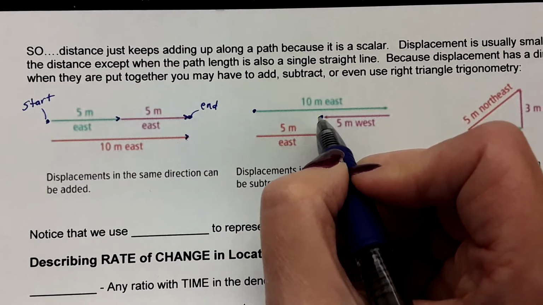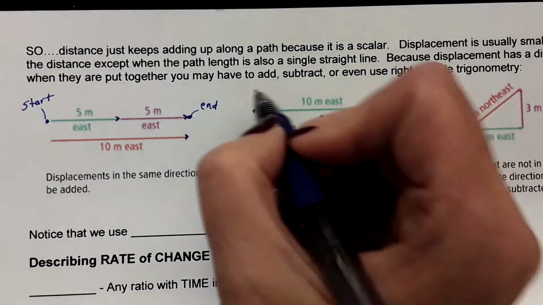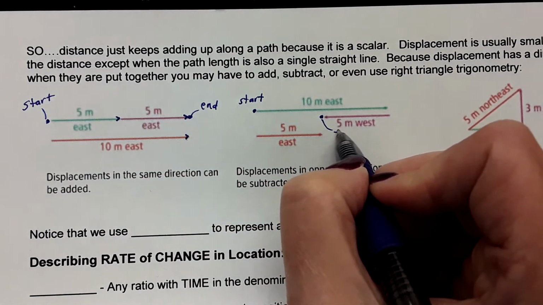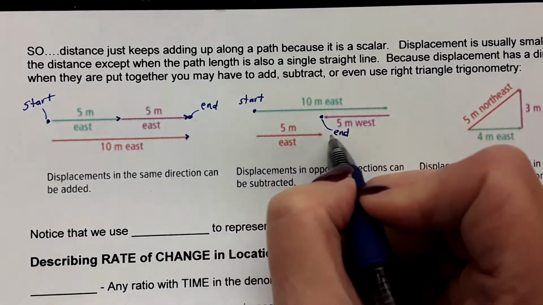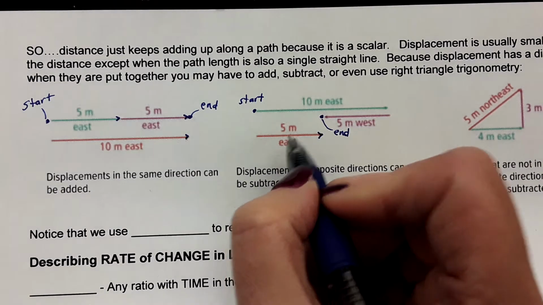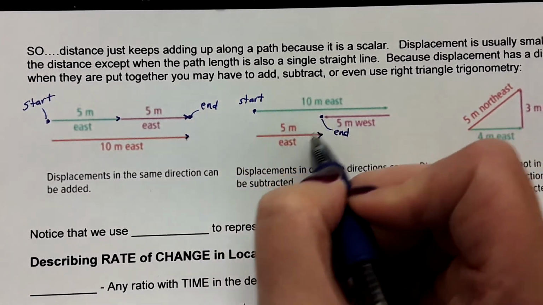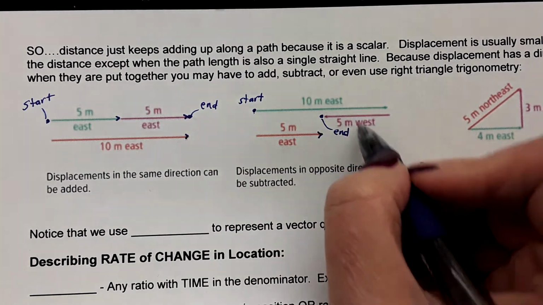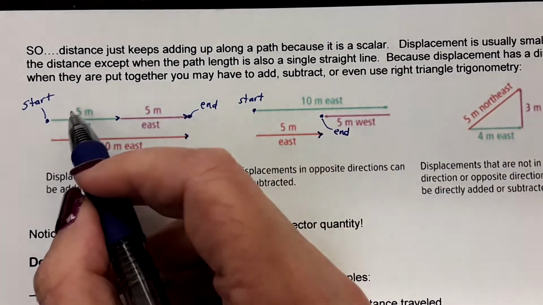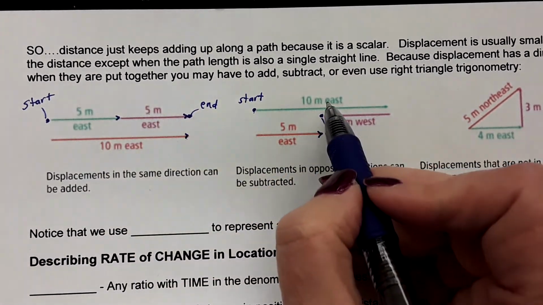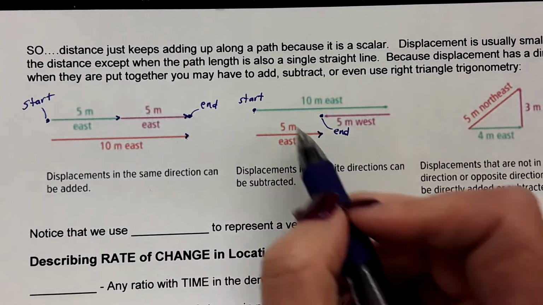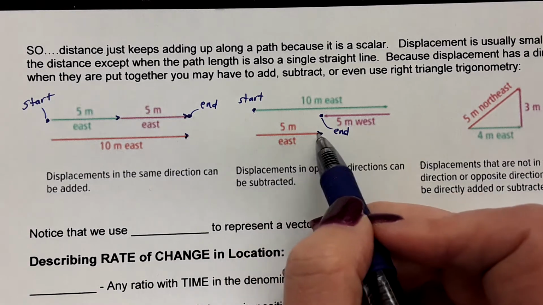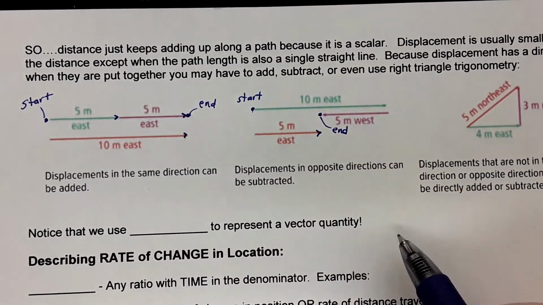Right here, we went 10 meters east, so we started here. We went 5 meters west, so we ended there. The resulting displacement vector goes from start towards the end. Here it is right here, okay? We actually had to subtract. Here we added. 5 and 5 is 10. Here we subtract because they're opposite directions. 10, take away 5. You end up with 5 from where you started in the east direction.